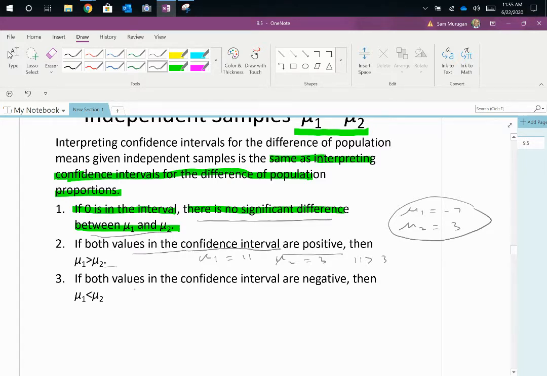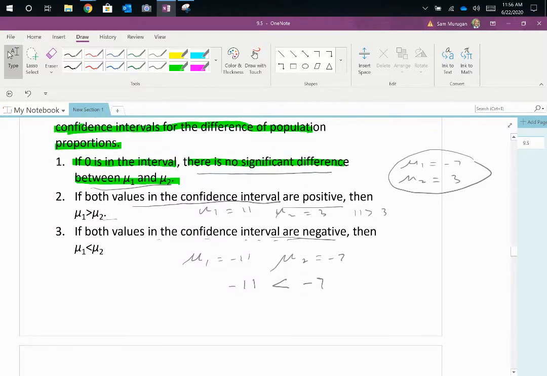Okay? If both values in the confidence interval are negative, then mu1 is less than mu2. That means that mu1 could be, say, -11 and mu2 could be equal to -7. So -11 is less than -7. -11 is a smaller number than -7.